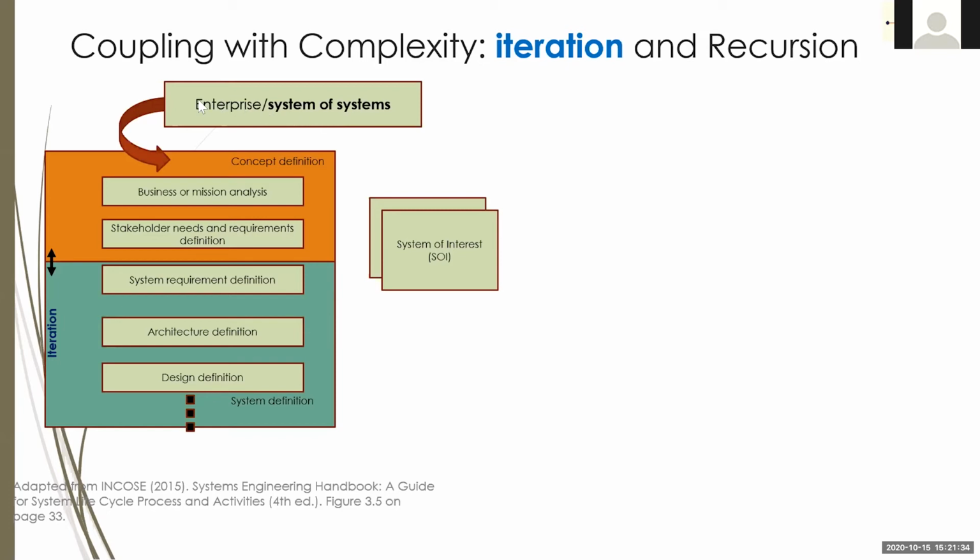And when we start the analysis of that thing, we have to pass through 2 main stages, concept definition, and then let's call the other one system definition. And within that, we are running different processes. So if we start on business or mission analysis for that system of systems, once we are done, the results will send us into stakeholder needs and requirements.